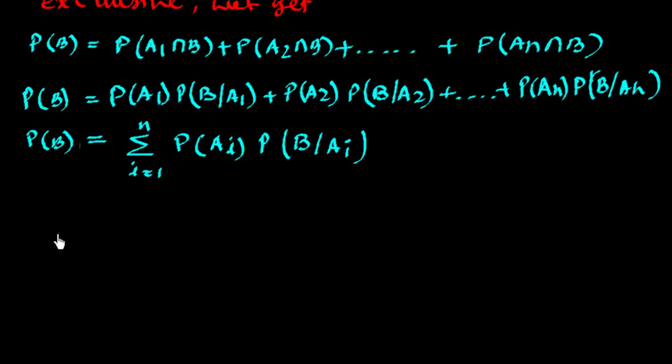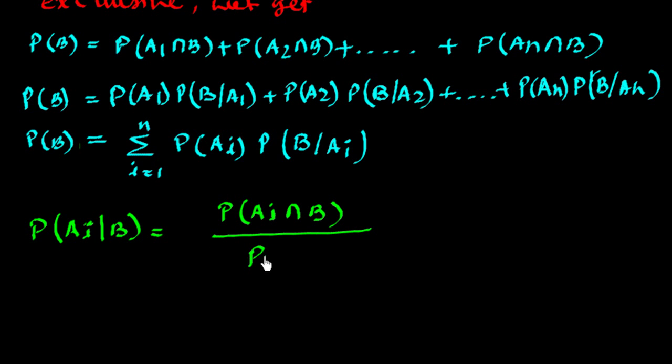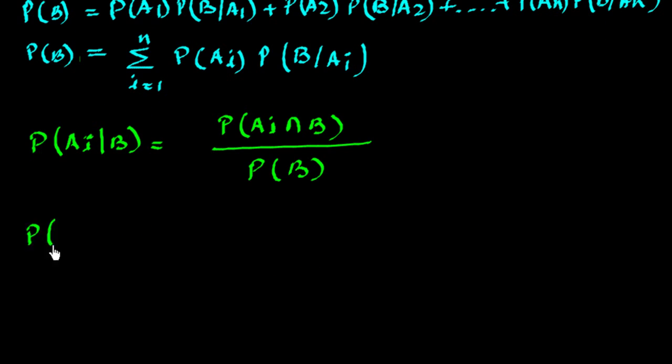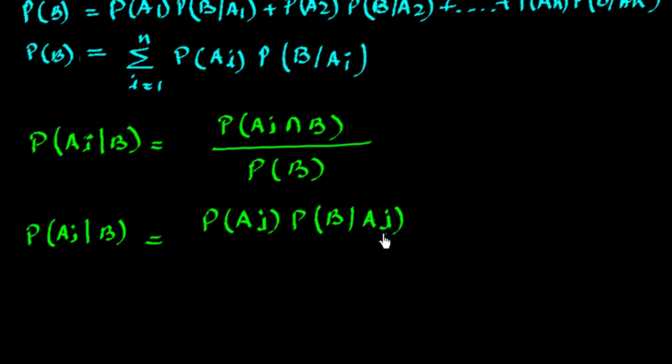By the conditional probability formula, if we apply it here, we get probability of Ai given B is equal to probability of Ai intersection B over probability of B, and probability of Ai intersection B is equal to probability of Ai into probability of B given Ai.